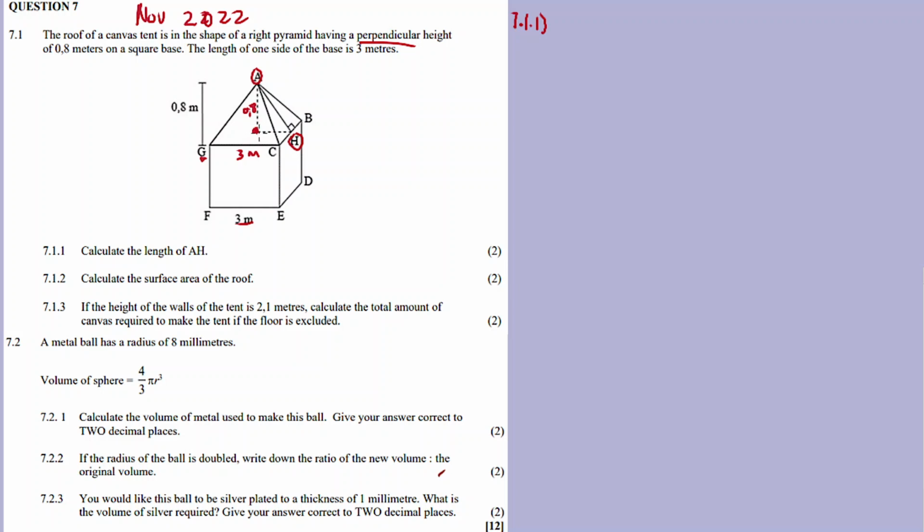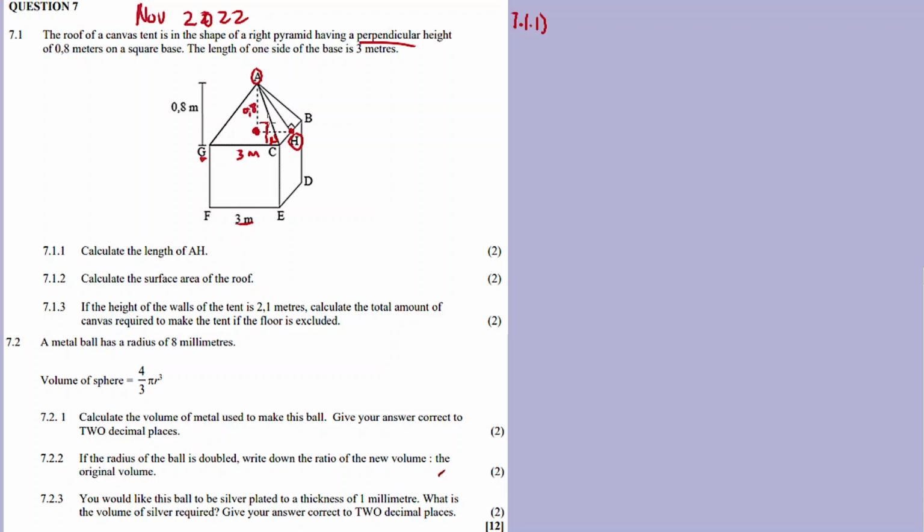This distance is halfway through the side of the roofing. That's why it's 1.5.